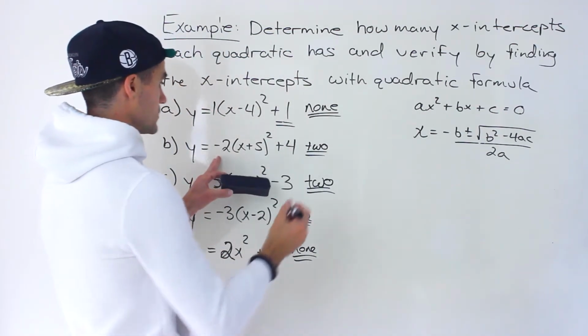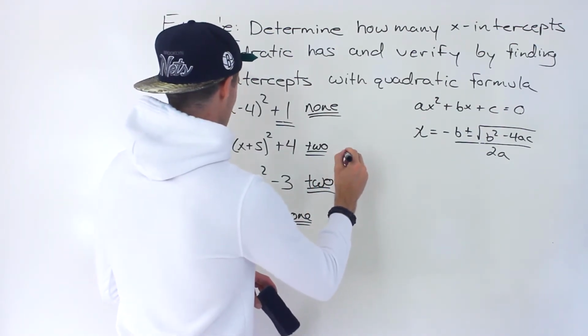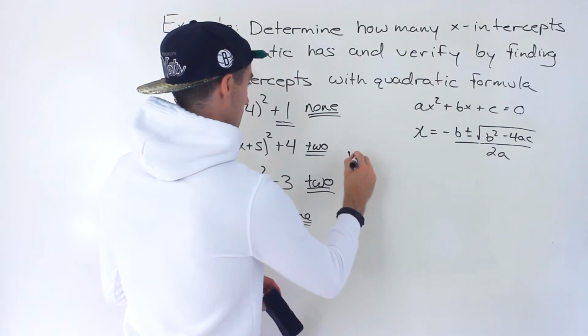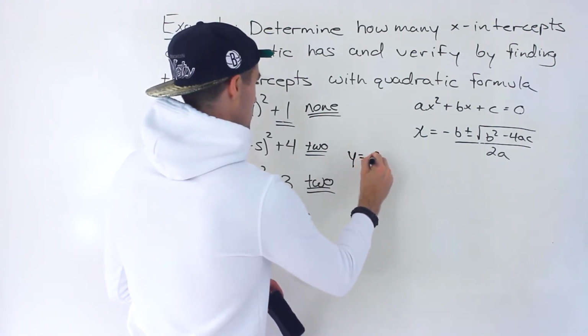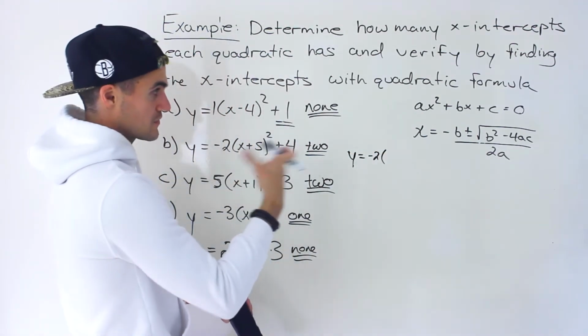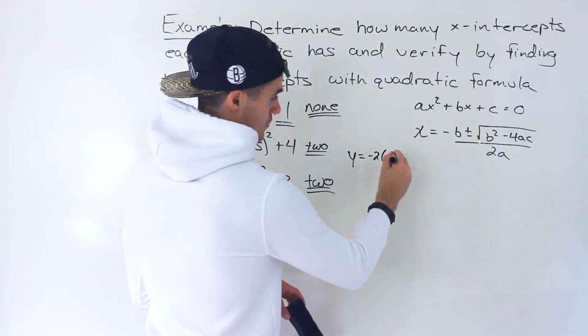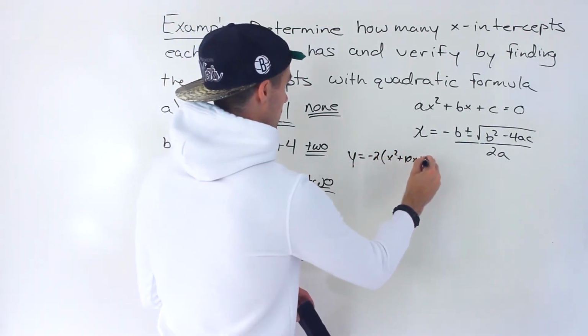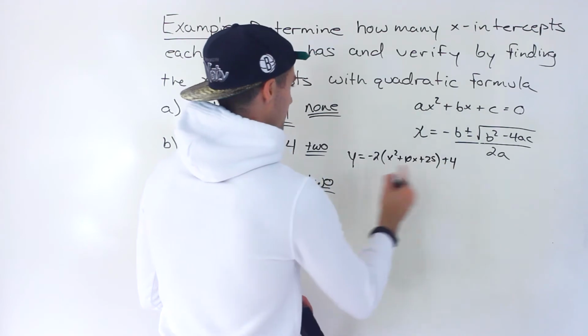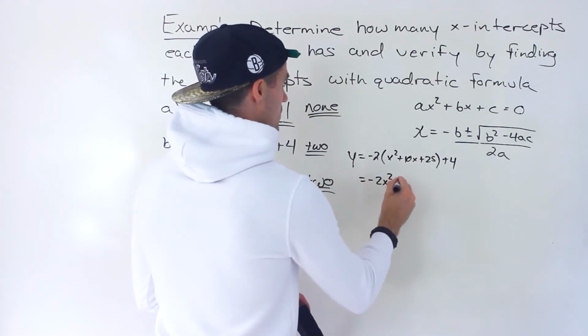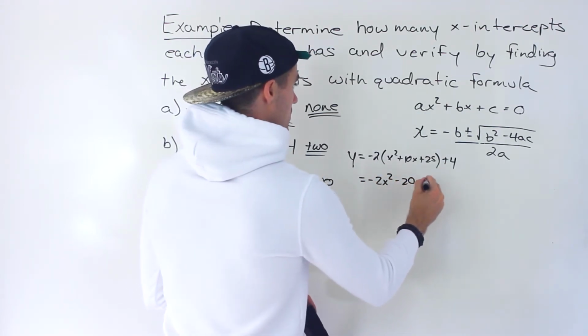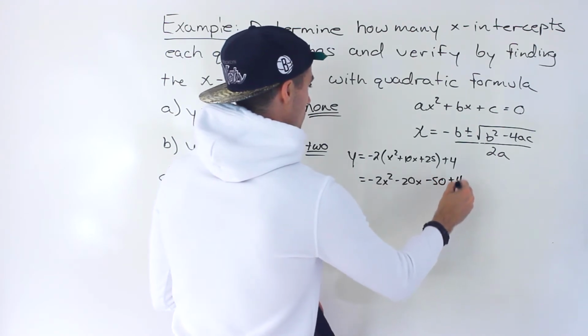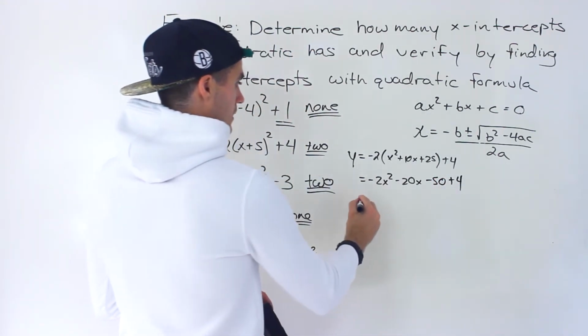So again, first thing we got to do, expand everything. So if I take that -2, x plus 5 squared, x plus 5 times x plus 5 would give us x squared plus 10x plus 25 plus 4, -2x squared minus 20x minus 50 plus 4, like that.